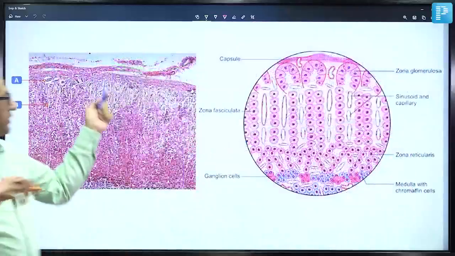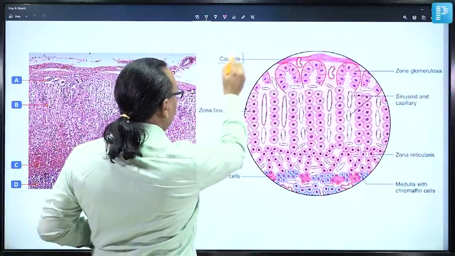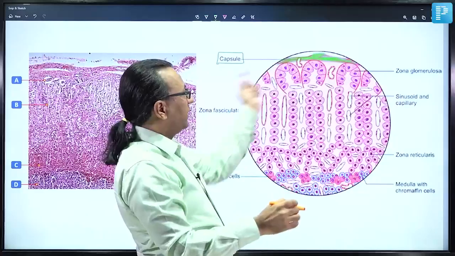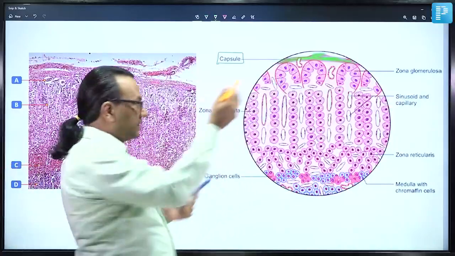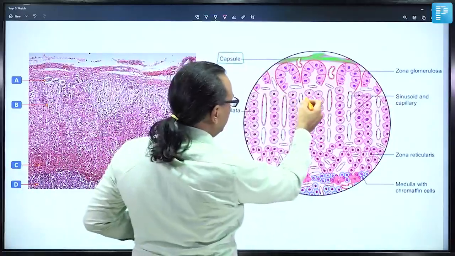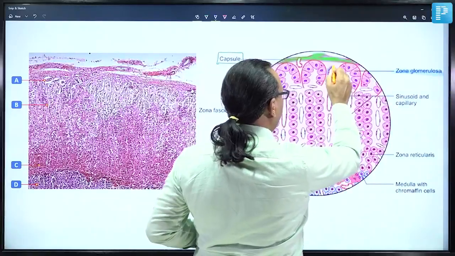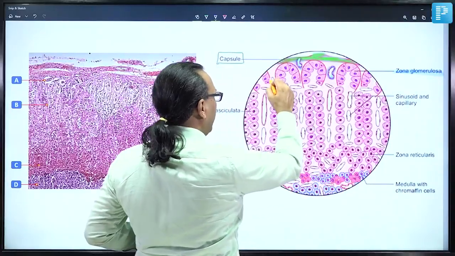The outermost region, as you see, is the capsule, and will have some collagen fibers with blood vessels. And these blood vessels, as we mentioned, in the zona glomerulosa are making a network of fenestrated capillaries.